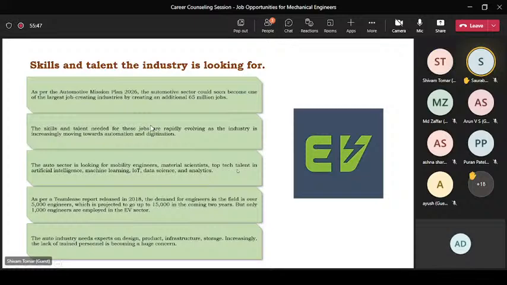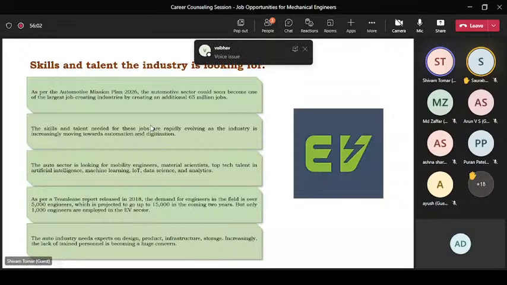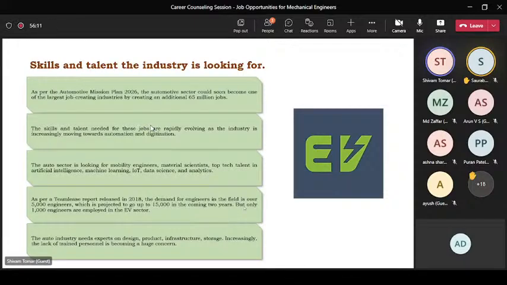As per the Team Lease report released in 2018, the demand for engineers in this field is over 5,000, which is projected to go up to 15,000 per year by 2021-22. But only 1,000 engineers are employed in the EV sector.